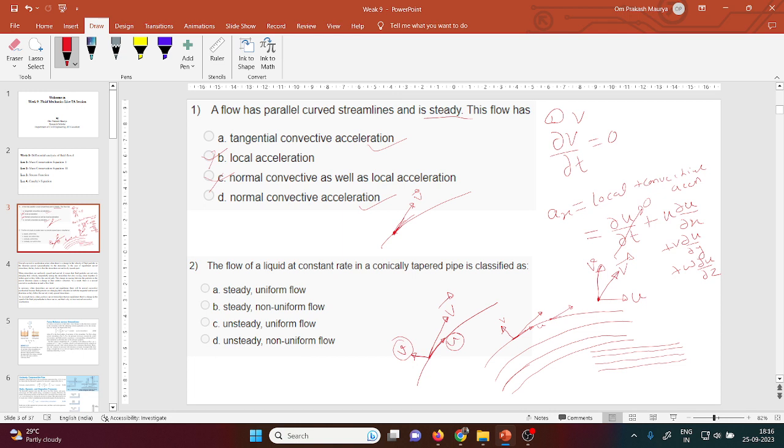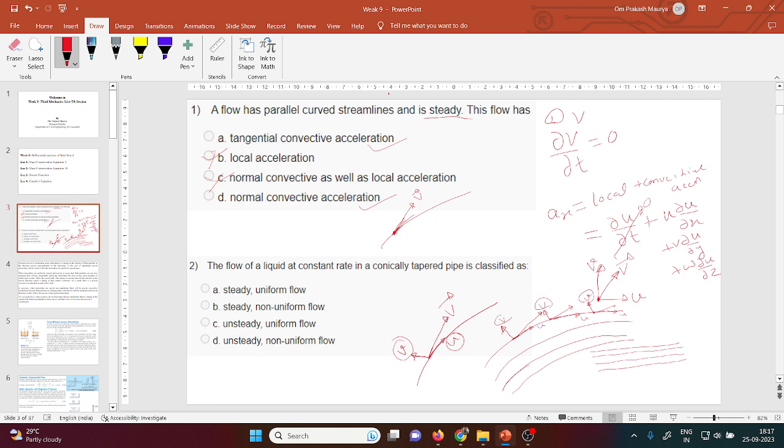your u direction is constant, that is, in the direction of the streamline, but the v direction is changing when you draw the streamline. This is the u and this is the v, the normal component. So your v is changing on the curved surface.